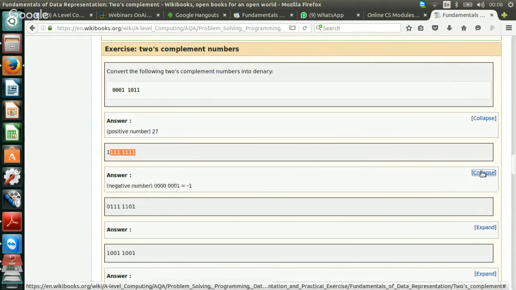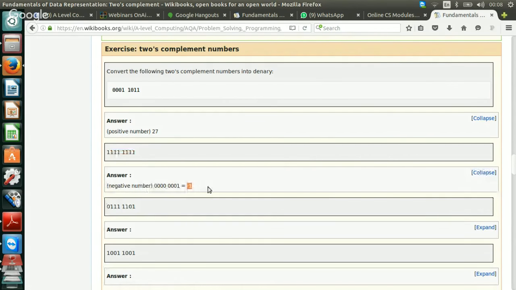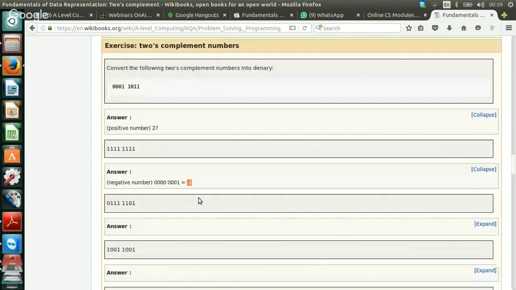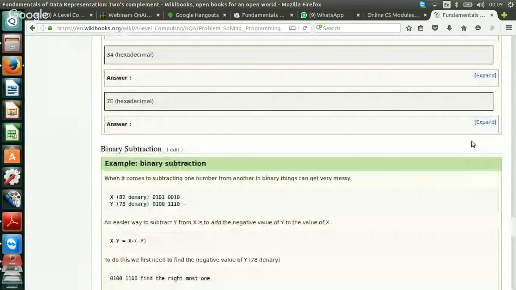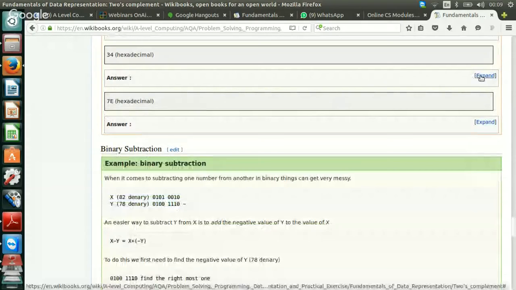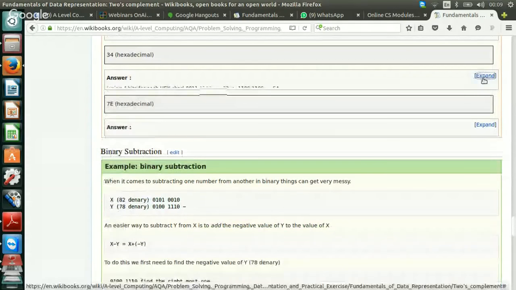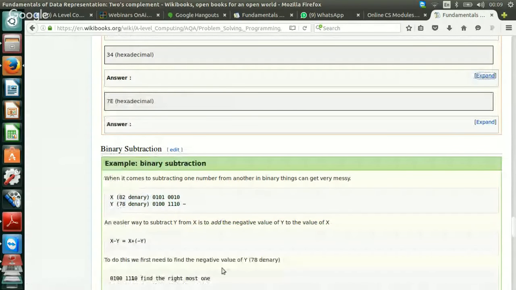Just let me check. Minus 1. The answer is minus 1. This is how it goes, because minus 128 plus 127 is going to give you minus 1. So on, it's pretty easy. Just do all the exercises here. Solve the questions first, and then expand them and check whether you're right or not.